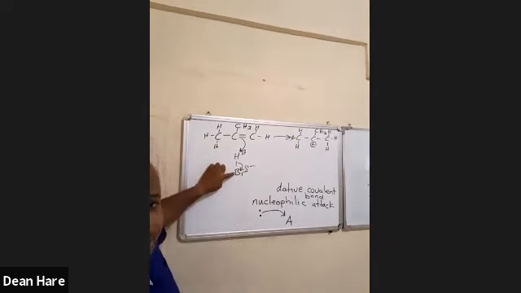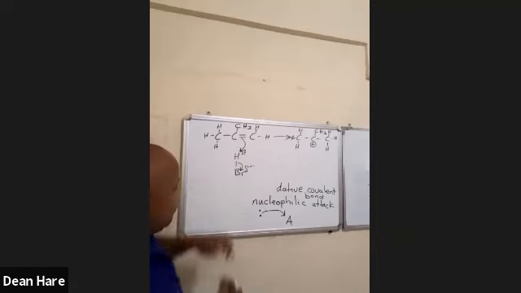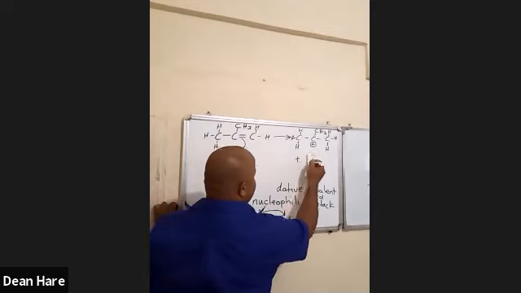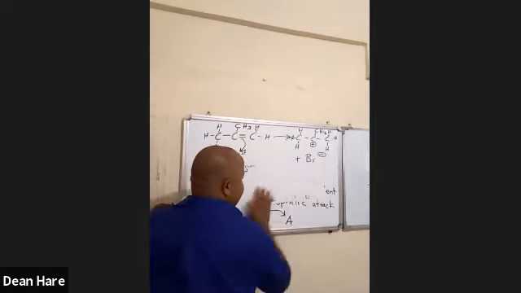Here we can see that the bromine is receiving both electrons from the bond, and so we're going to get our bromide ion. All right. So let me just write a statement below it.